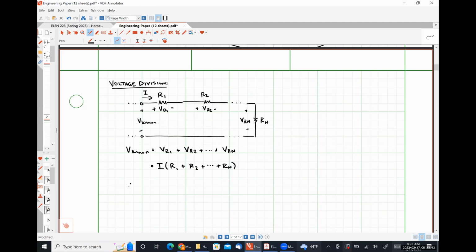And from this, we can see that I is simply our known voltage divided by the total resistance in series.